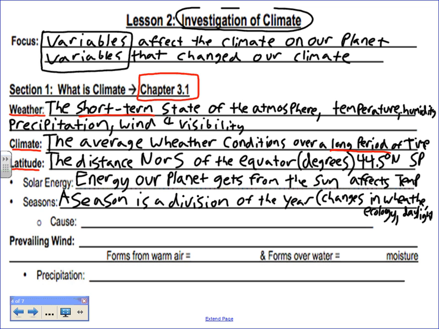Okay, and depending on where you are in the world, the latitude, it's going to affect how profound your seasons are. Okay, so the higher latitude or the way lower latitude, you're going to have 4 seasons, which are summer, winter, spring, and fall. Okay, and the cause of this is the axis tilt of the Earth and the latitude.